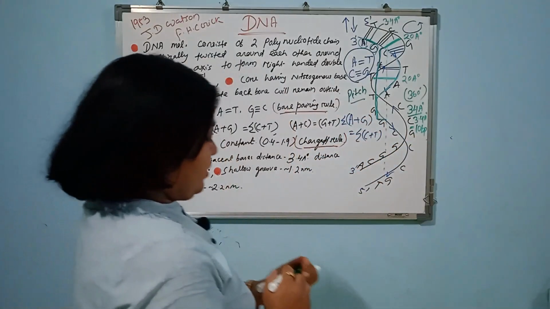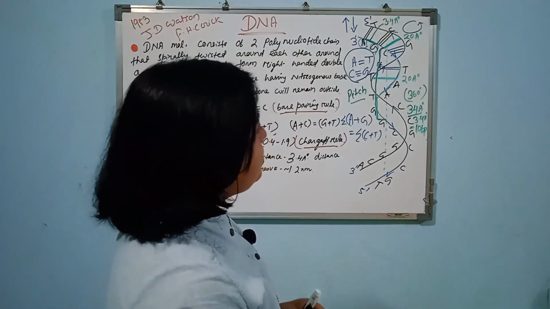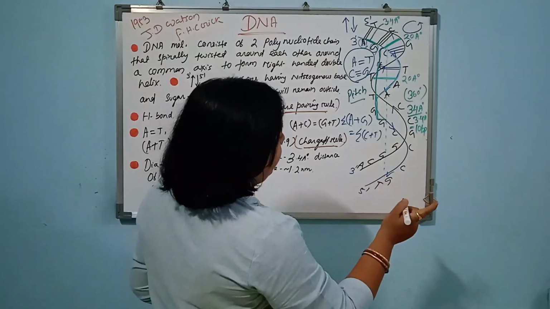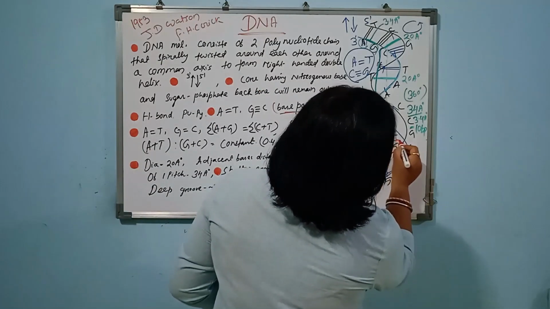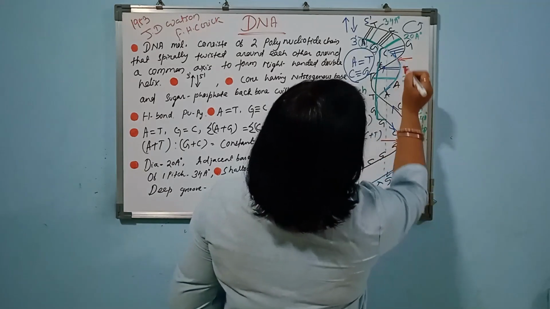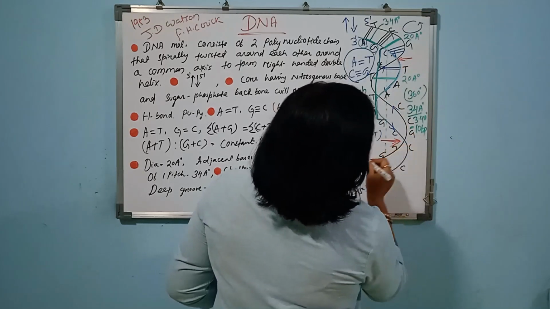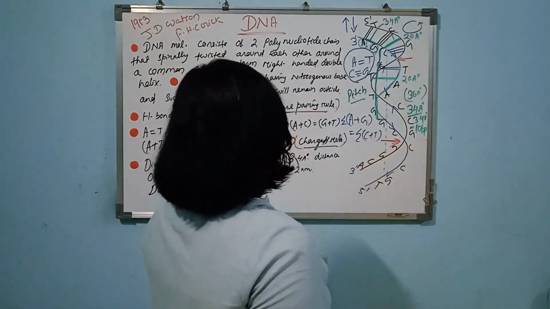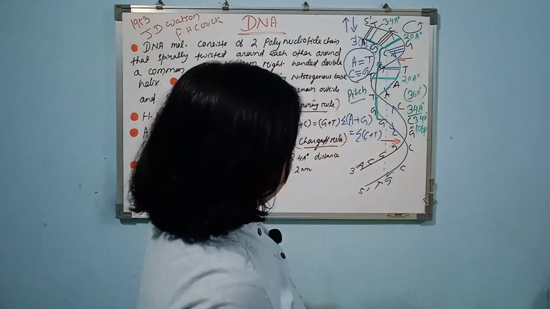In some places you will find a little depth, and in some parts you will find a deeper portion. This is a very small groove, this is a somewhat larger groove, or you can say deeper portion.